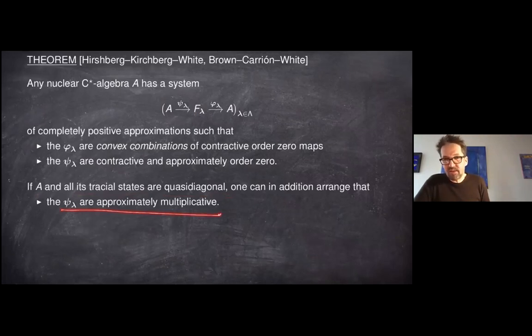And if you like, for nuclear C-star algebras, you can in fact take this as the definition of quasi-diagonality. Quasi-diagonality means you have finite dimensional approximate representations which are sufficiently faithful.